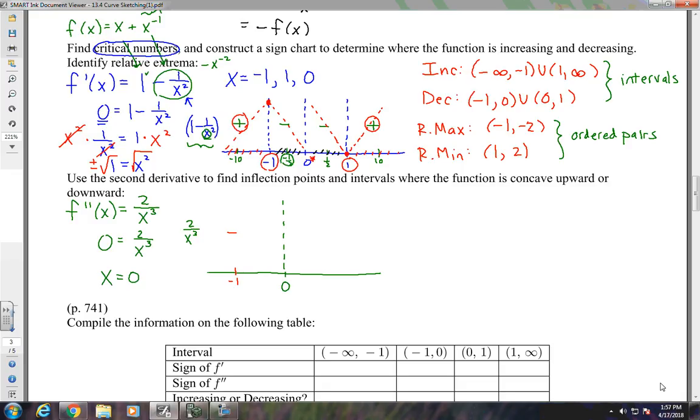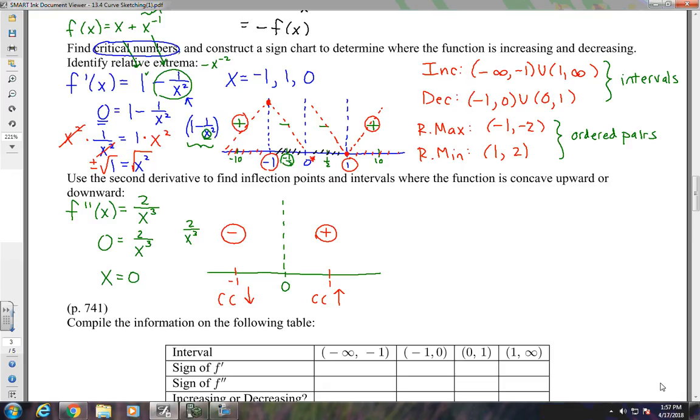If I choose a test point greater than 0, such as 1, I would see my second derivative is positive. So a negative second derivative indicates that the function is concave down, and a positive second derivative indicates that the function is concave up.